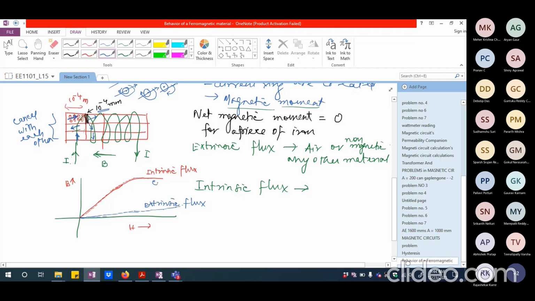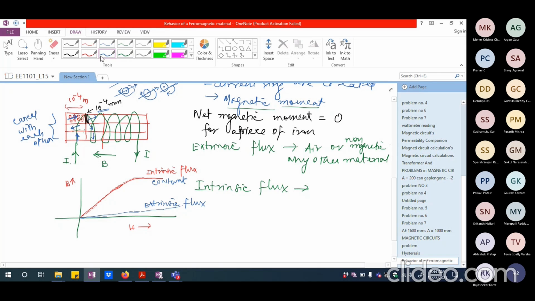So this is going to be a constant value beyond saturation. After saturation, you are going to see that this is going to be a constant value. Once they are all aligned, they don't want to be disturbed from that position because already work has been done on them.